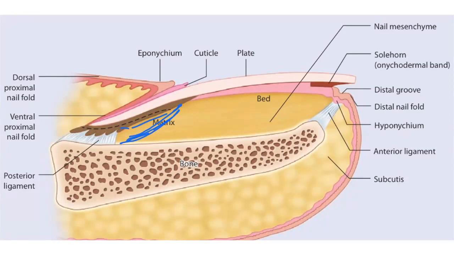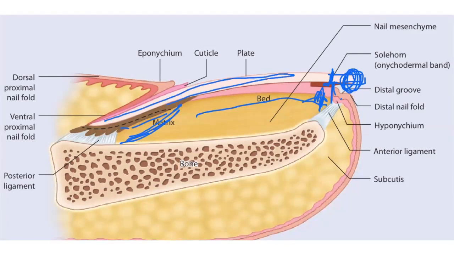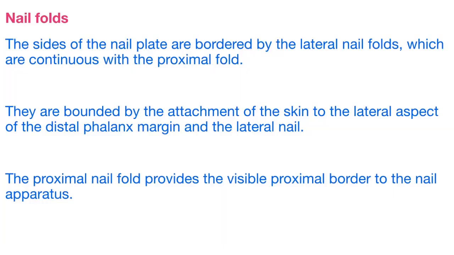This is the onychodermal band, where the edge is freeing from the nail bed. This one is derived from the ventral matrix, and the whole of this plate is derived from the dorsal and intermediate matrix, right?